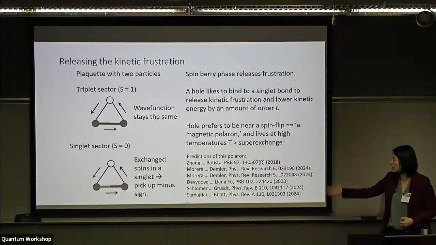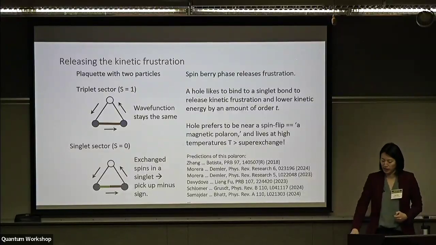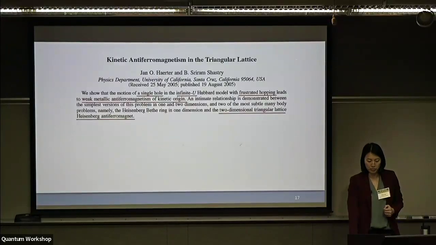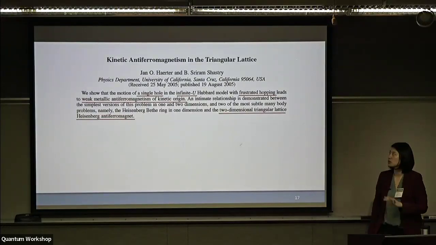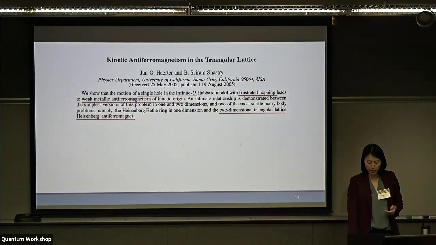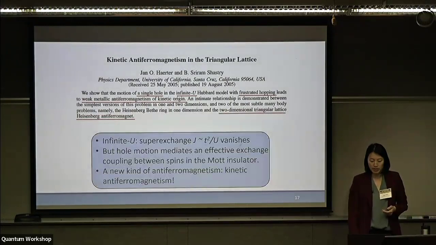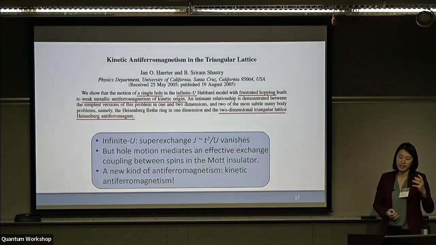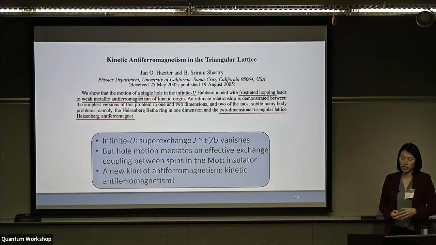And here I list a non-exhaustive list of theory papers that have predicted the existence of this polaron. This polaron also has a deep connection to a strange type of antiferromagnetic ordering, sometimes called Hirsch-Shastry antiferromagnetism. Basically, the thesis of this paper from 20 years ago looked at the infinite U, so no superexchange, limit.